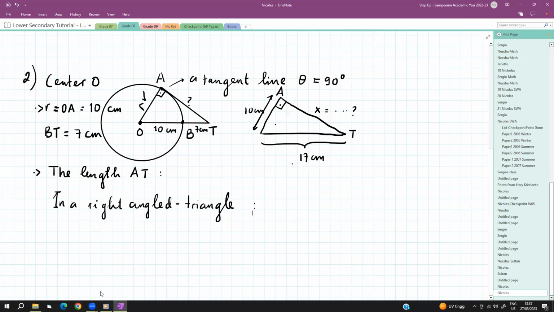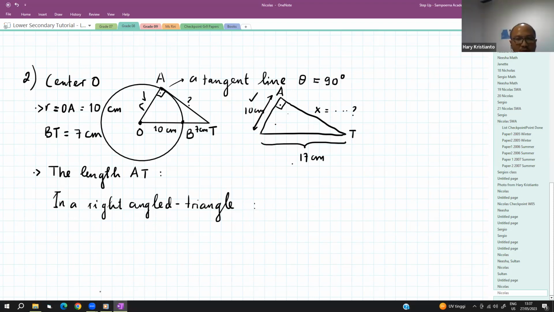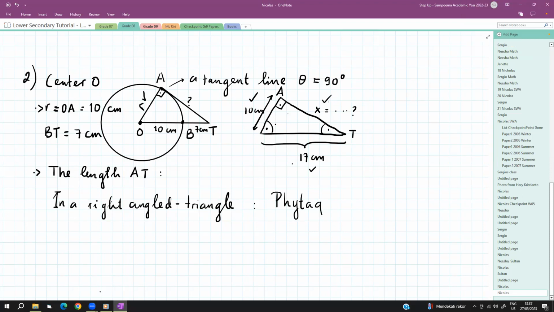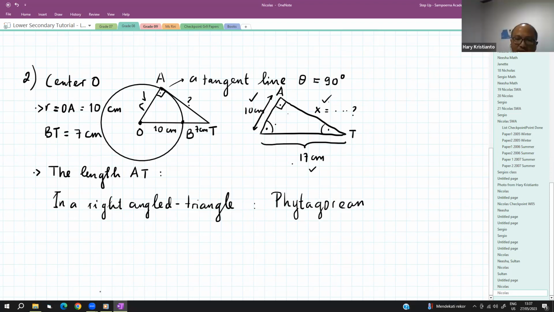You can use sine, cosine, and tangent if one of the angles is known. However, we do not know the other angles, only 90 degrees. So what can we apply? Do you know this theorem? Pythagorean theorem.